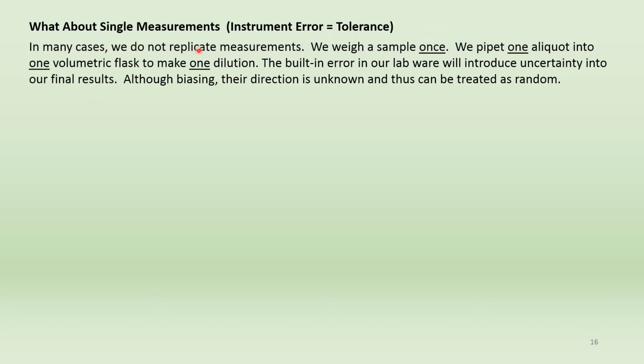We make one dilution. And so the built-in error or built-in uncertainty in our labware will introduce uncertainty into our final results. And although these uncertainties or errors are biasing, that is, they operate in only one direction, because the direction is unknown, they can be treated as if they were random.